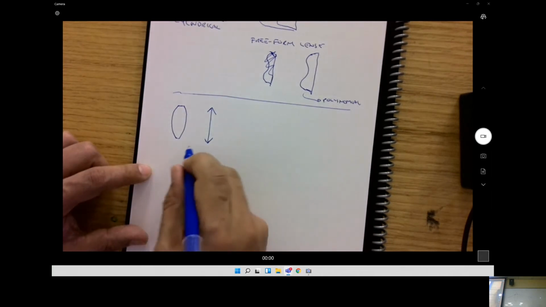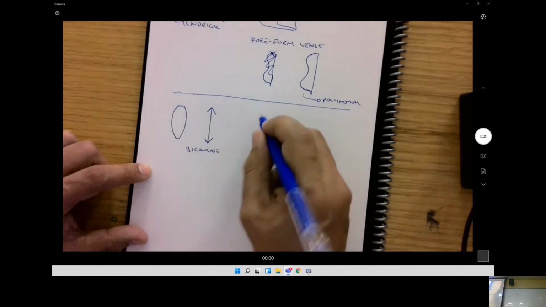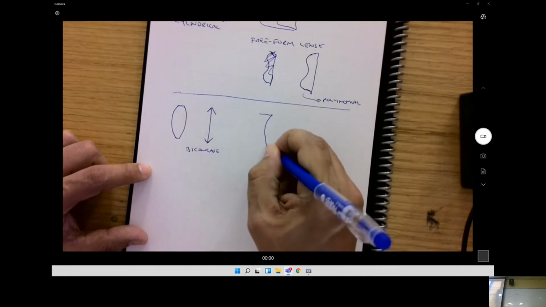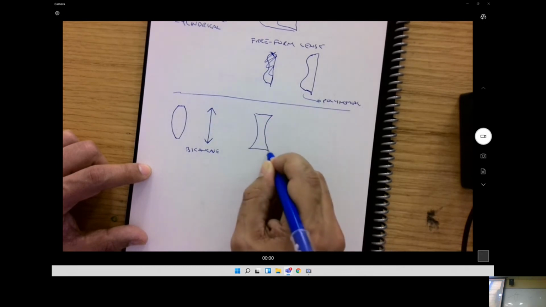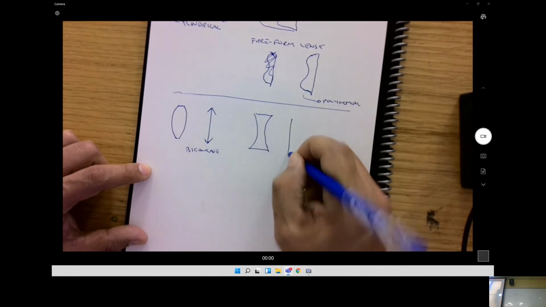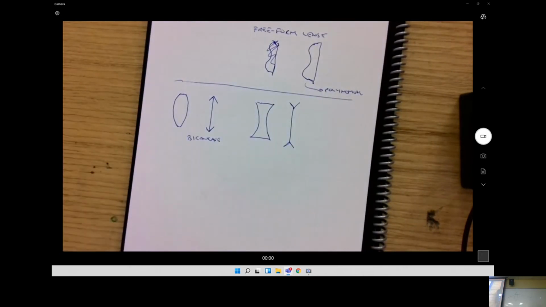So this will be a biconcave lens. And a biconvex will be something like that.